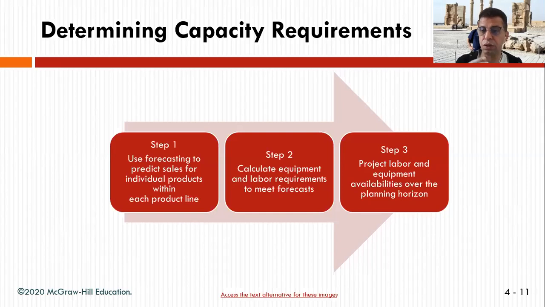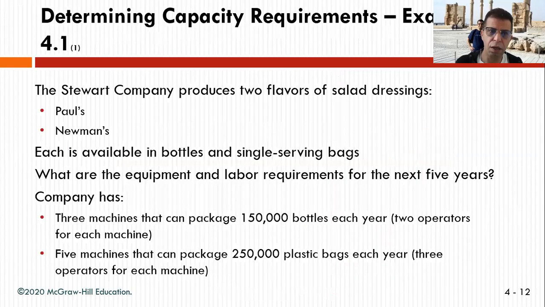If there is a shortage, you can subcontract some of it, or if you have over capacity, you can outsource, or make a decision whether you want to lay off some people or give them a short-term vacation or something like that. So these are the 3 steps you need to take.